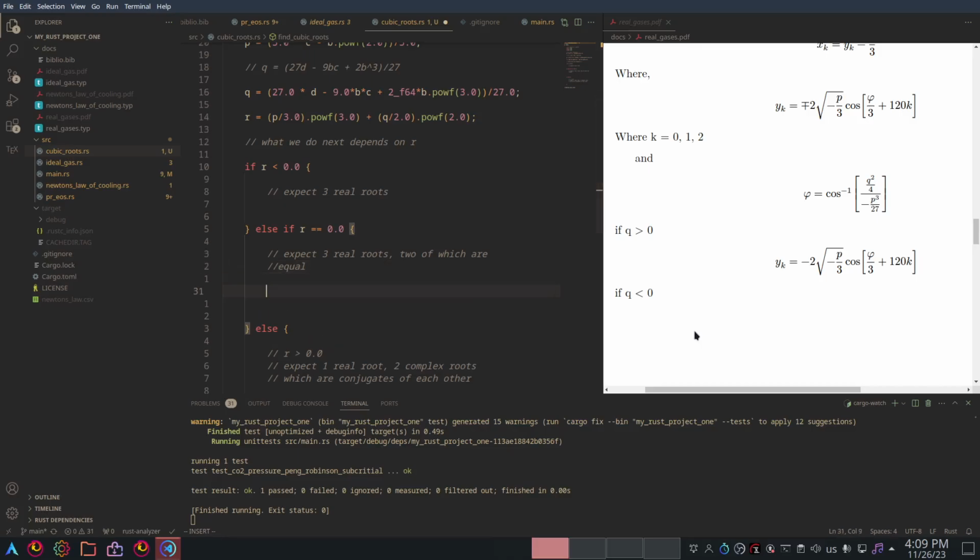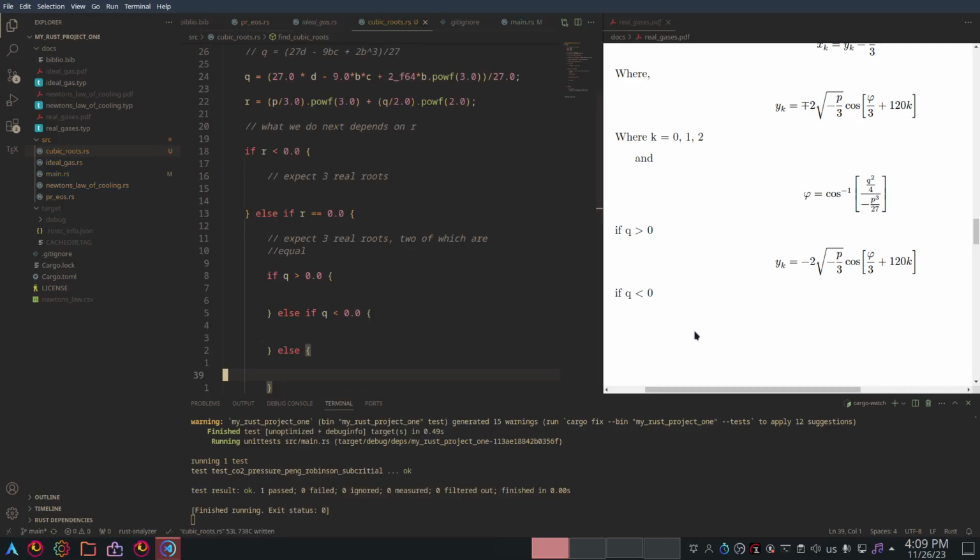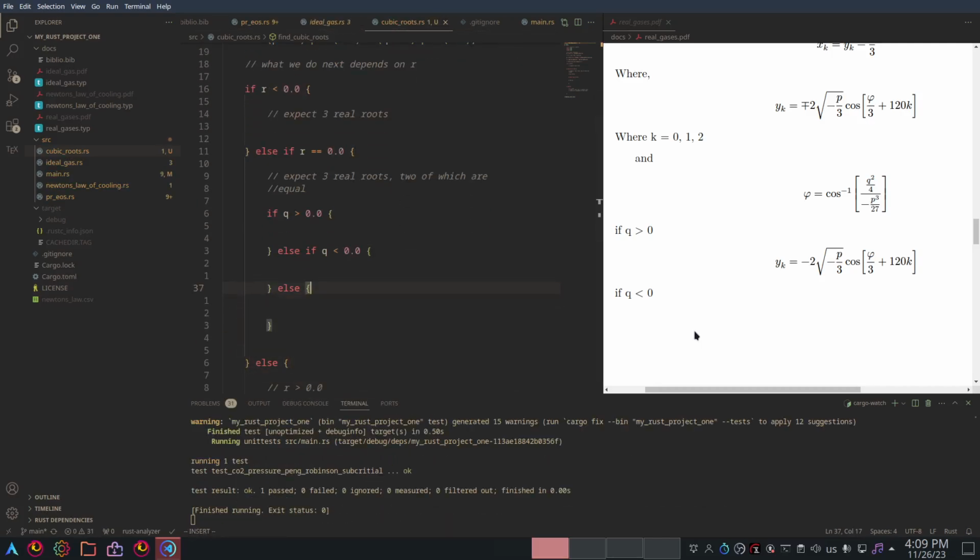So if q more than 0, execute some code. Else if q less than 0.0, execute some other code. Else execute some other code. This third case is of course the q equals 0 case, so we'll deal with that at the last part.